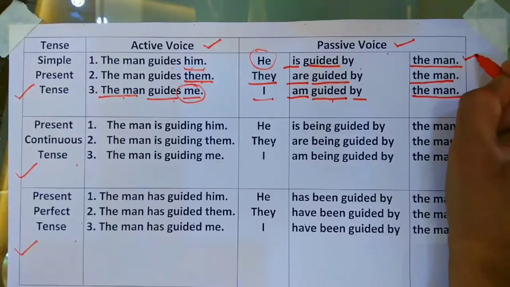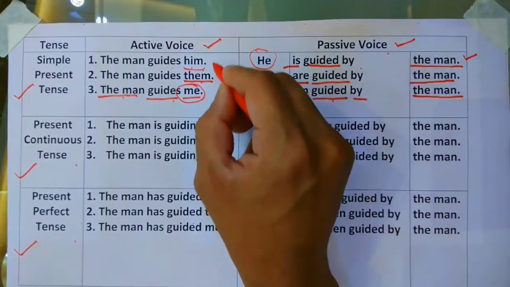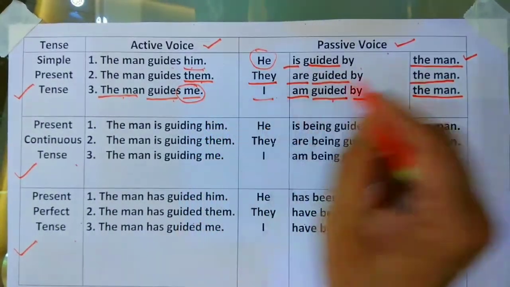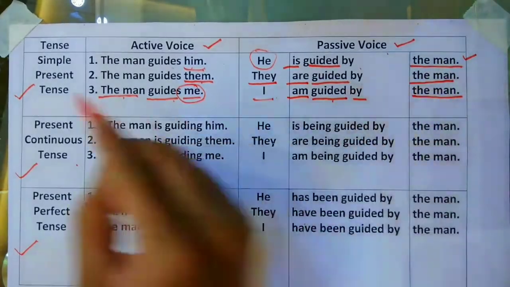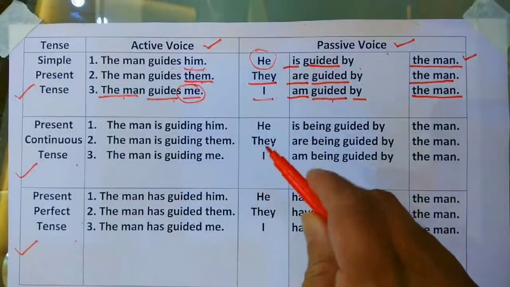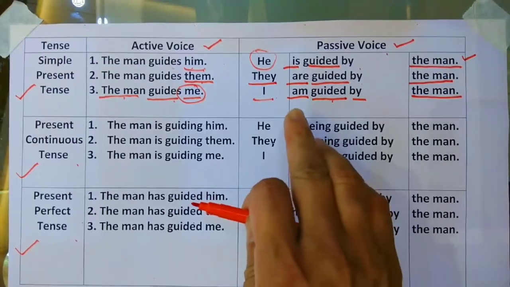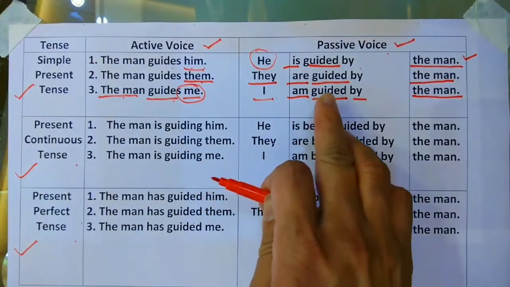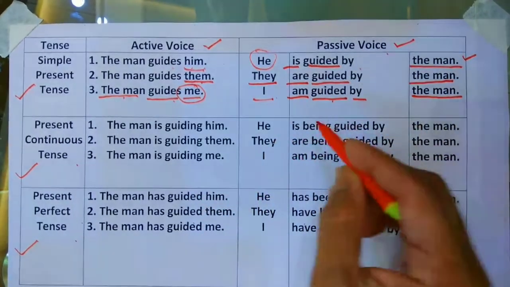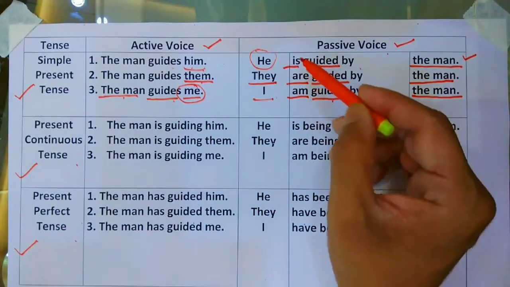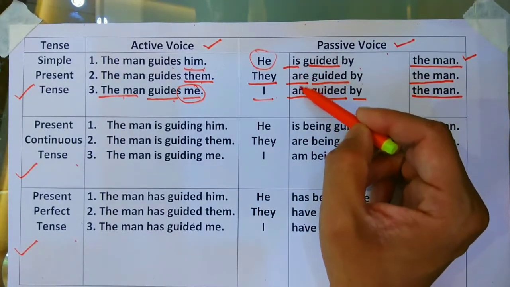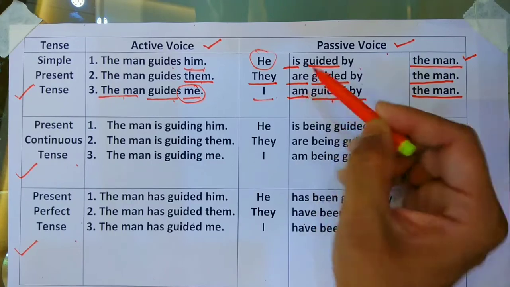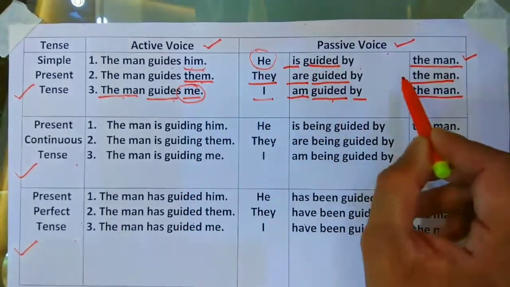So this is how the active sentences are converted into passive voice in simple present tense. So the question may arise in our mind, why do we use the helping verbs is, are and am while converting this active sentence into passive sentence?